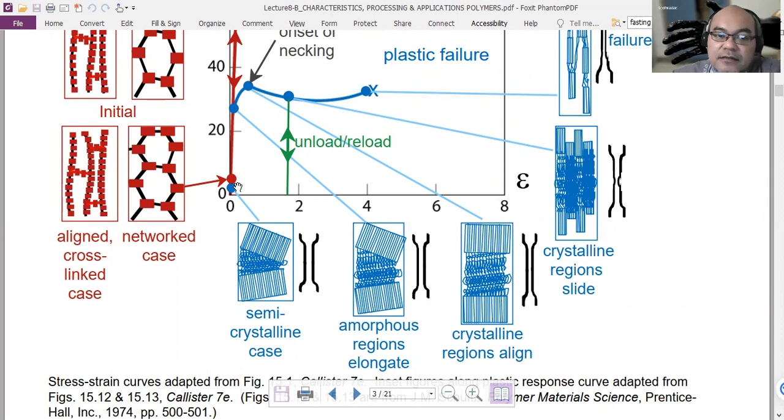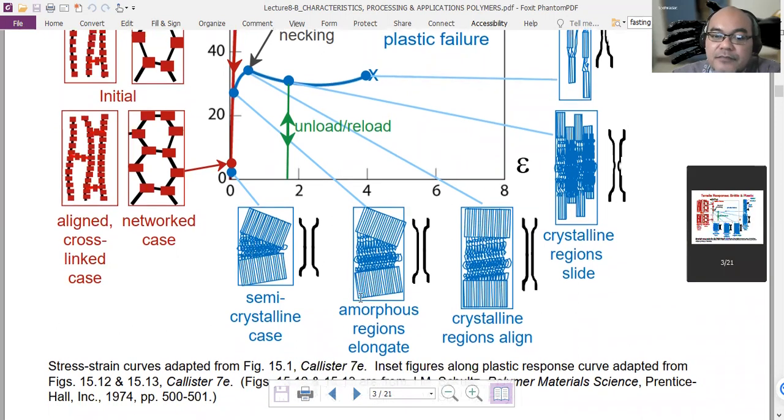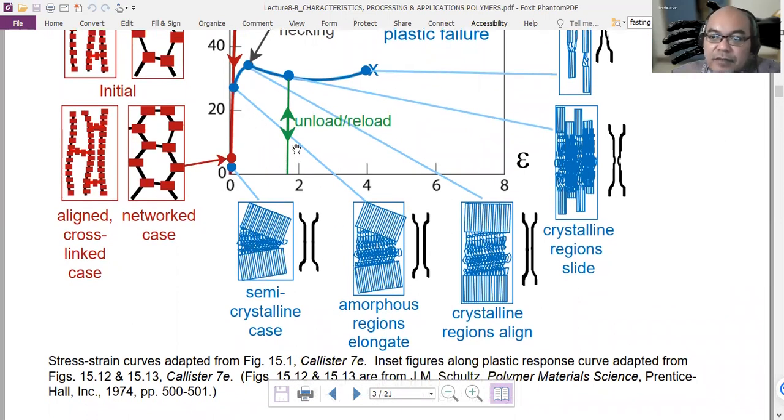So at the beginning of the elastic region of its deformation, it is due to the elongation or deformation of the semi-crystalline part of that polymer. So when we further extend that polymer sample or specimen, the amorphous region will elongate.